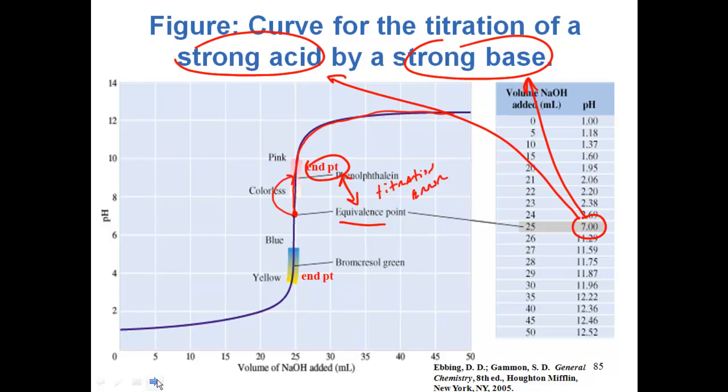So I'm going to need to pick another indicator that's going to have a color change beyond the equivalence point, which I could use something like bromocresol green, which has a pH range between 5 and 3 units. So once I kick one drop past it, one more additional drop of acid, it would kick it into that bromocresol range, and I'll see a color change, which tells me I'm at my endpoint.